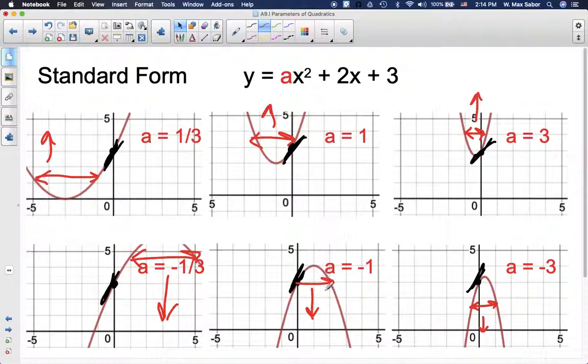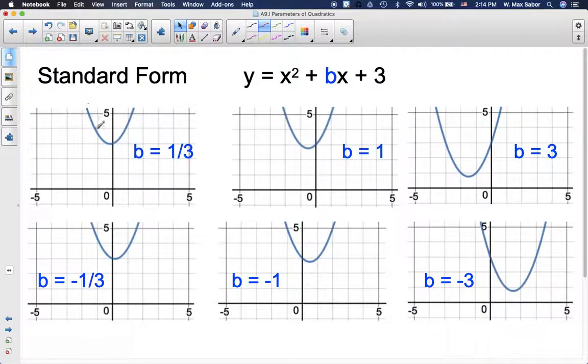So the width is changing as it gets further away from 0, the width becomes smaller. Closer to 0, the width is wider. And if they're positive, they're facing up. If they're negative, they're facing down.